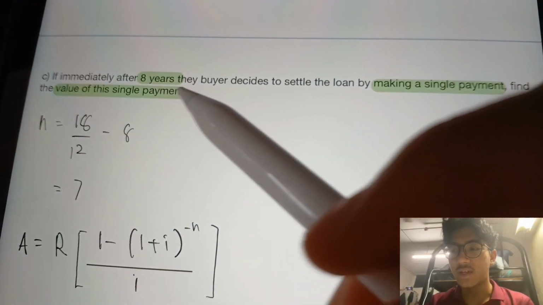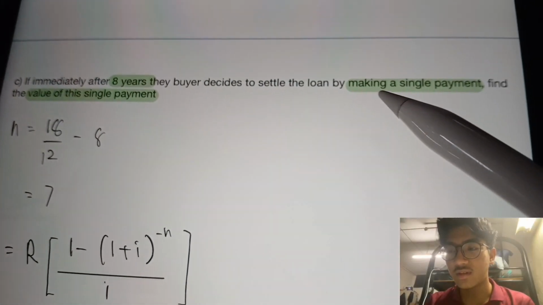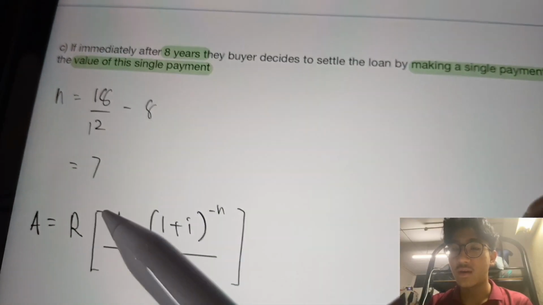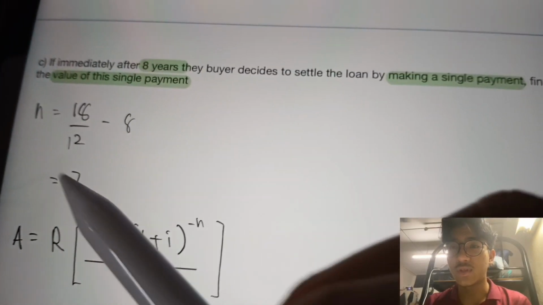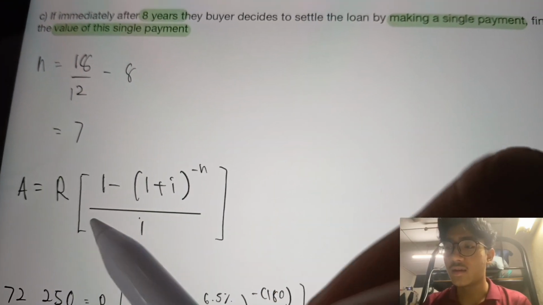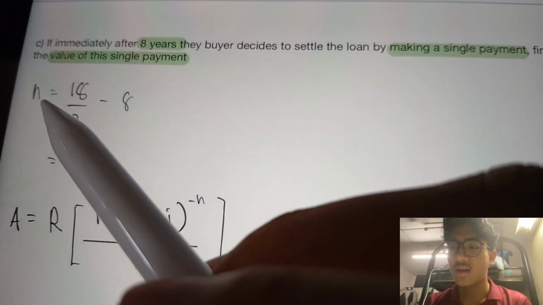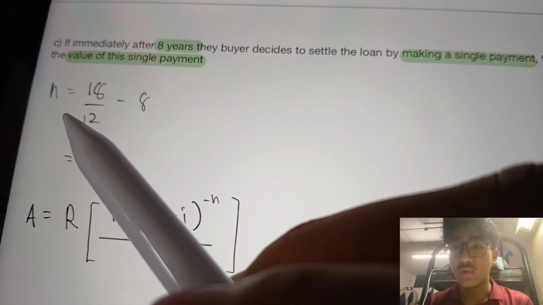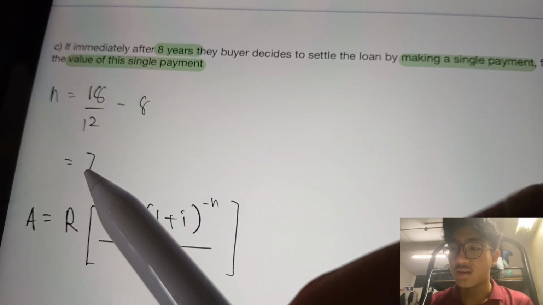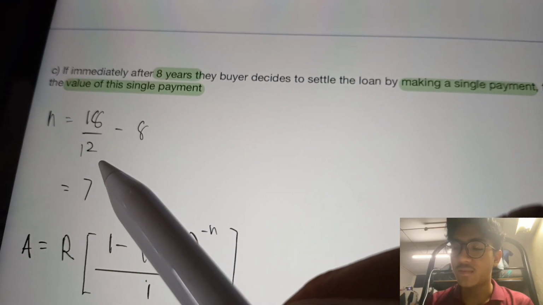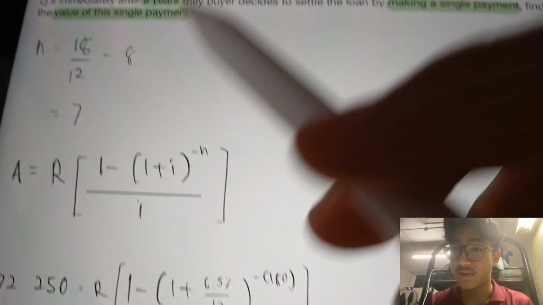C. If immediately after 8 years the buyer decides to settle the loan by making a single payment, find the value of this single payment. So the formula we need to use for this question is present value, the same as for question A. The only difference is at n. The n for this question is a new n, so you need to calculate it. The n equals 180 divided by 12 minus 8, and you will get 7.